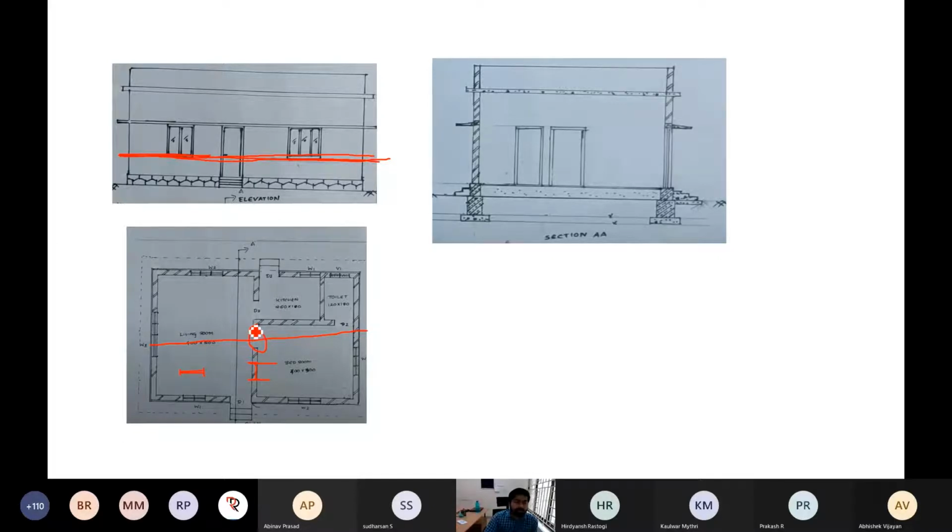In the door case, you provide a space and mention the name, because in some specifications a door size is given. Door height may be 2.1 and width maybe 90 centimeter. So in scale you have to measure the 90 centimeter from here to here, and accordingly you can complete the drawing based on these dimensions.